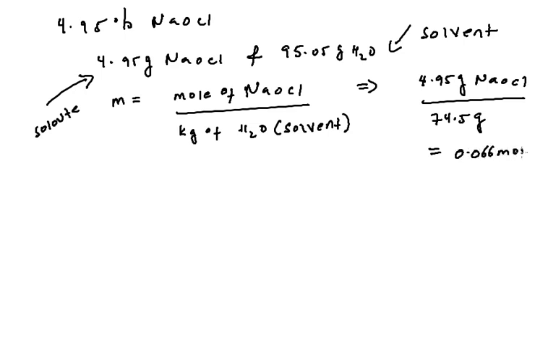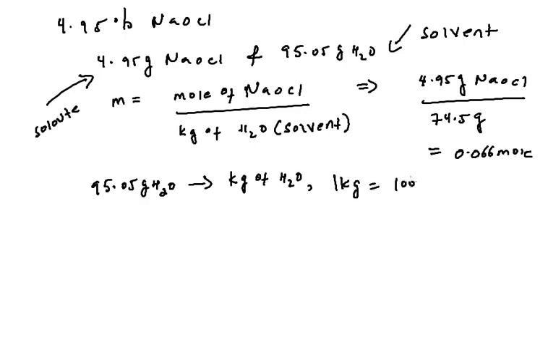And that would give you 0.066 mole. Now when it comes to kilogram of water, we have 95.05 grams of water, and we want to change this into kilograms of water. The easiest way to do that is by using a conversion factor, which is 1 kilogram equals 1000 grams.